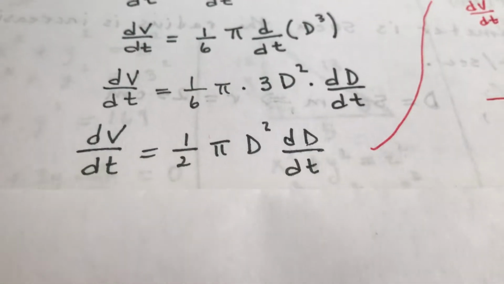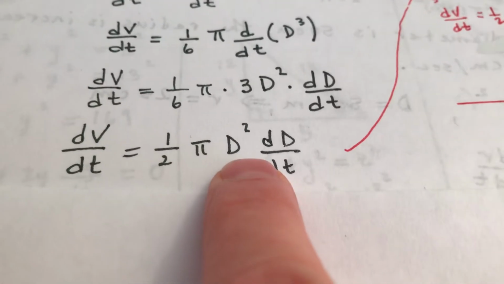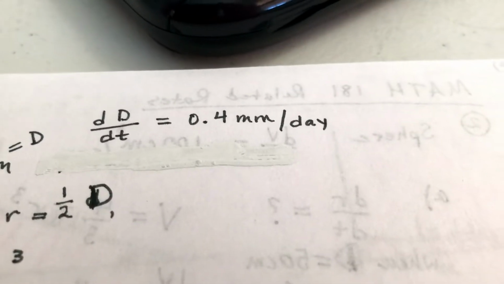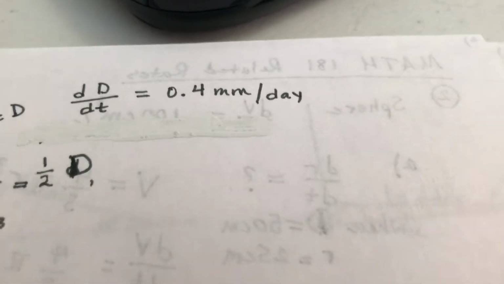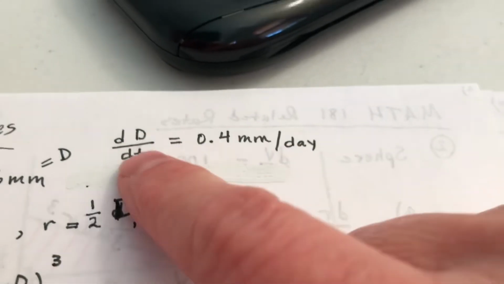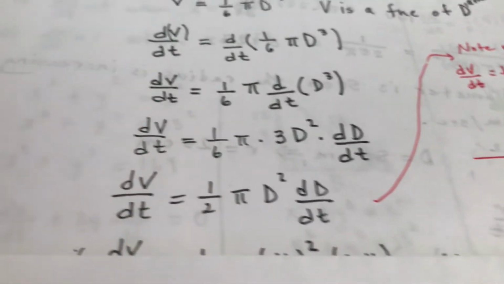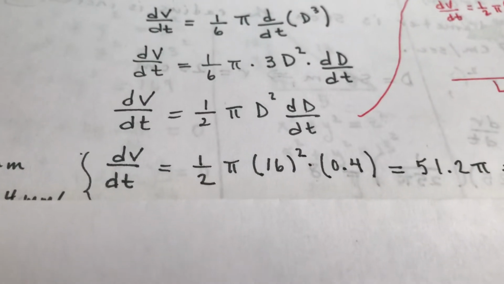So we're going to substitute in 16 here, and dD/dt was given, as I wrote up above, as 0.4 millimeters per day. Be careful of your units: diameter is measured in millimeters, and time is measured in days. So I'll substitute in my values here.